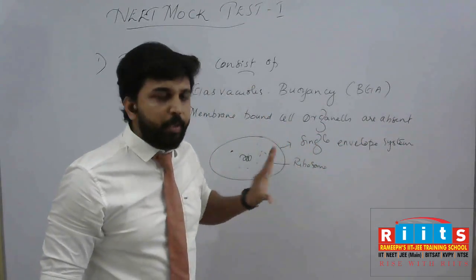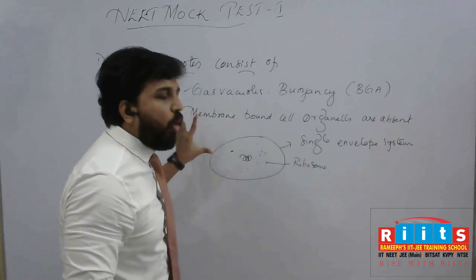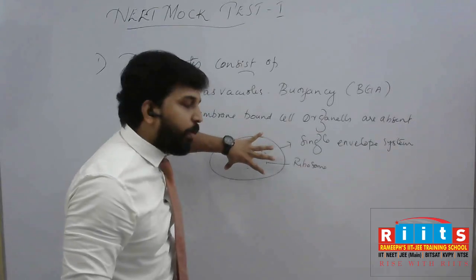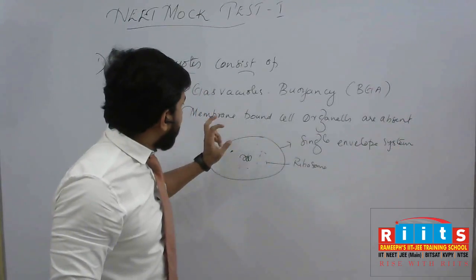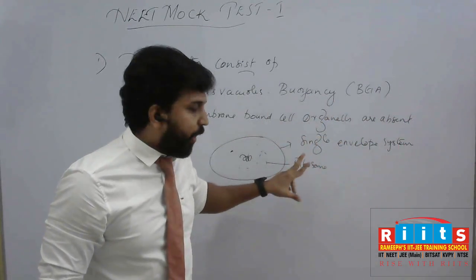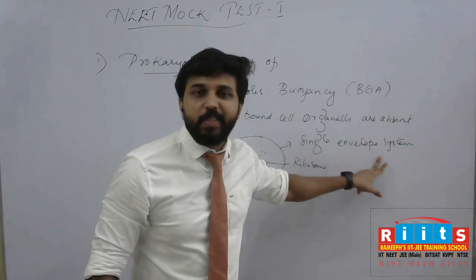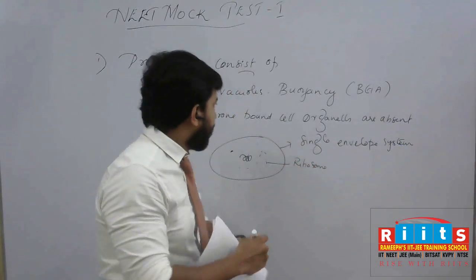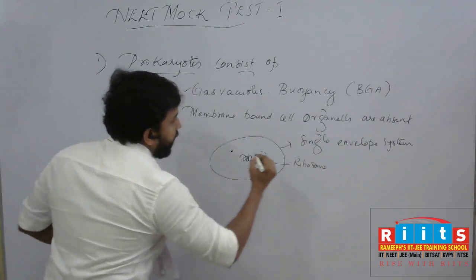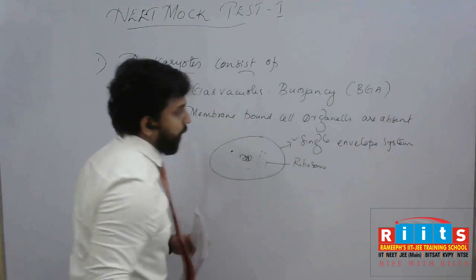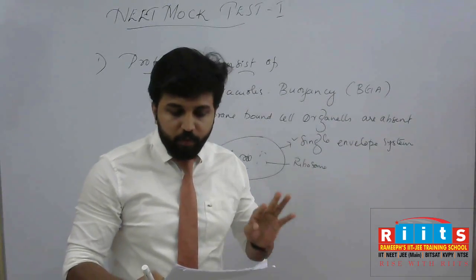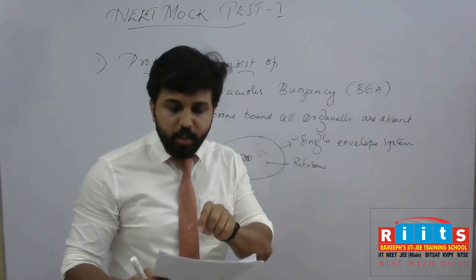So all the substances present inside the jelly-like matrix or cytosol are enveloped by a single envelope system. So the second point, the single envelope system, is also present. Out of these options, 2 will be there.